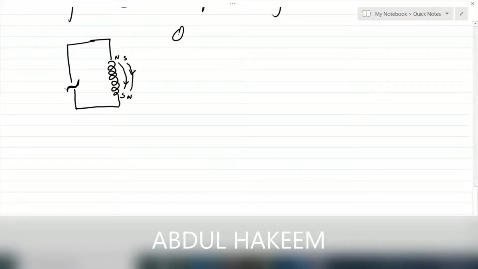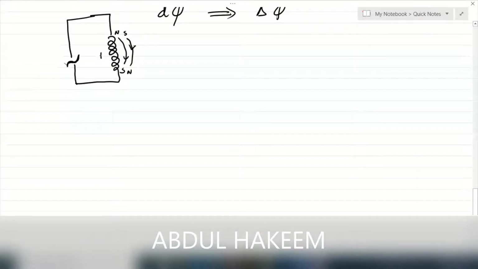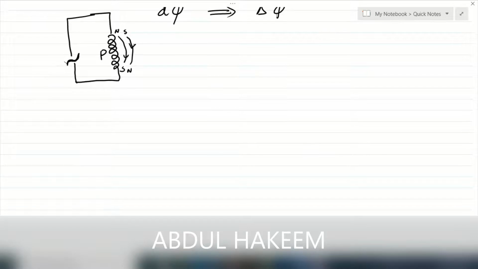So the flux is changing, delta phi or d phi. Now this is called the primary coil. The coil which is used to produce the varying flux in physics is called the primary coil. So when a coil is connected with alternating current, it provides a varying magnetic field and is known as the primary coil.